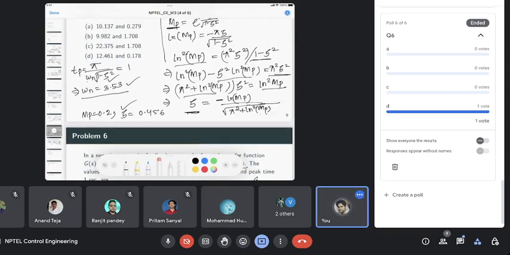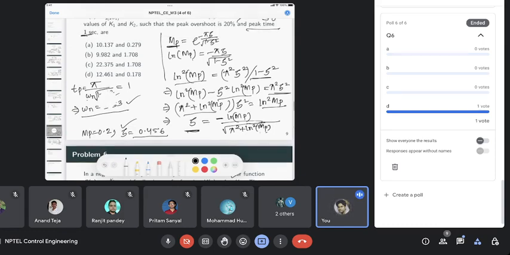I thought it is clear. Here you have found the zeta value, this one. I will go through again. You have this zeta formula from the percent overshoot, right? Is it clear how we get that damping ratio formula? Yes, sir.